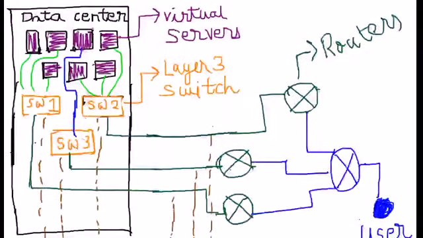Now, speaking of the boundaries for each network component, the virtual servers or EC2 instances are connected to a layer 3 switch within the data center, and these switches are connected to routers in the outside world. Chances are that there will be several intermediate routers pointing to the same destination user's router.